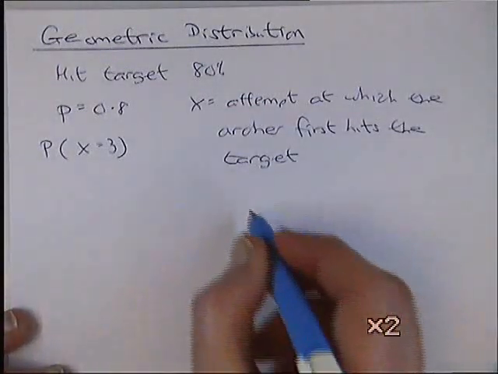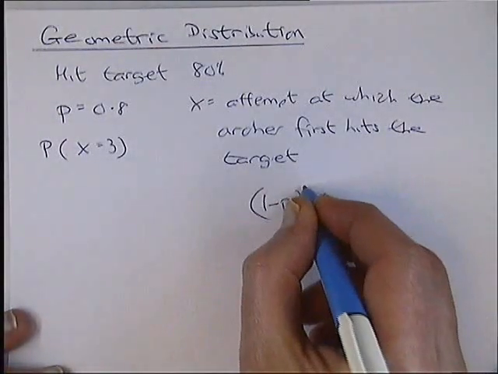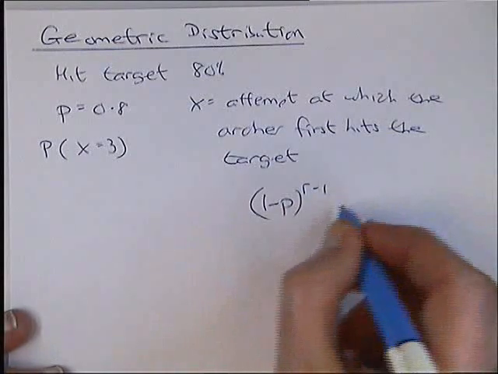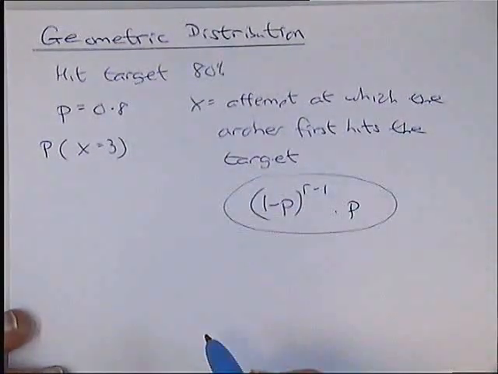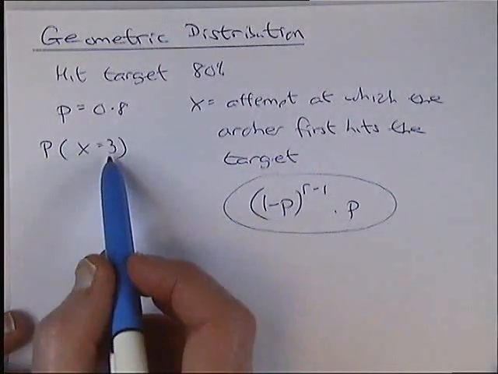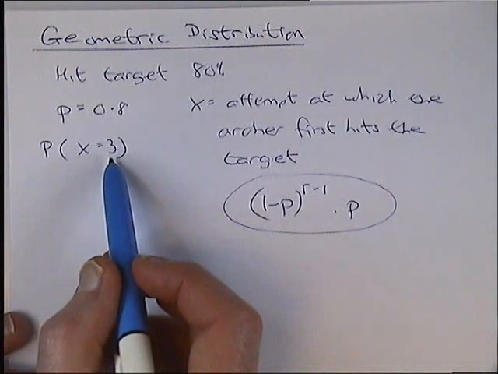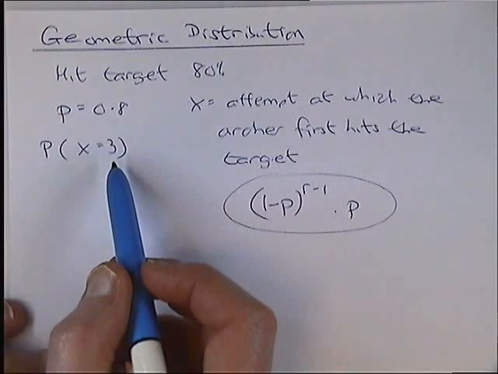The formula for the geometric distribution is (1 minus p) to the r minus 1, times p. p is the probability of success, and r is the attempt on which the first success happens.